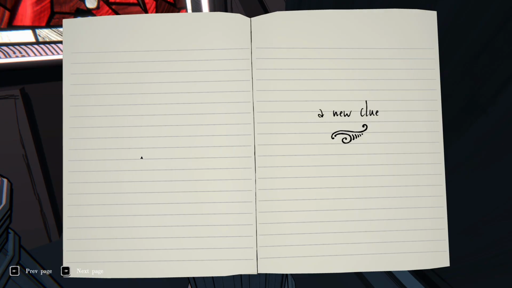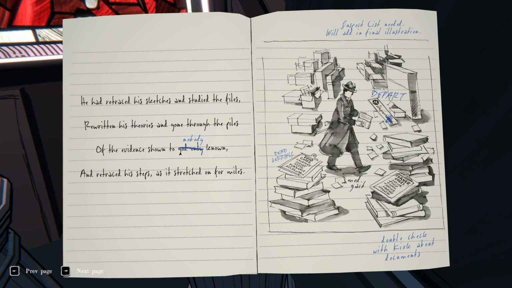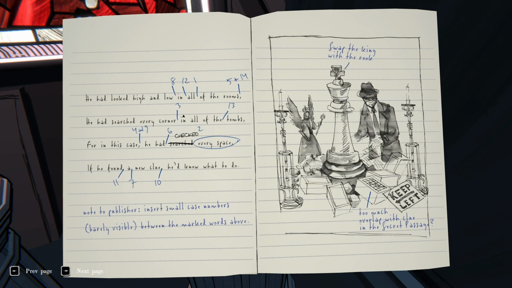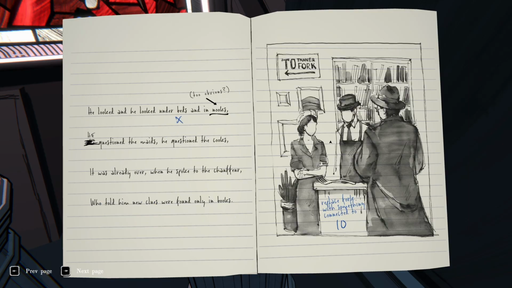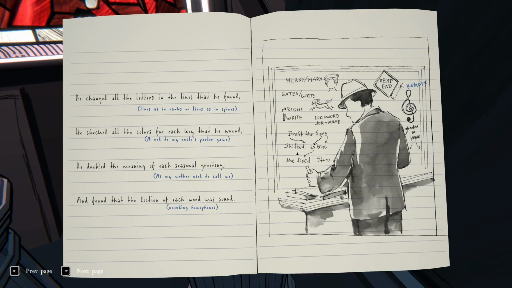Wait, something. This is definitely doing something. A new clue. Find 2. God only. Searched. Every space. X. So. Covers.